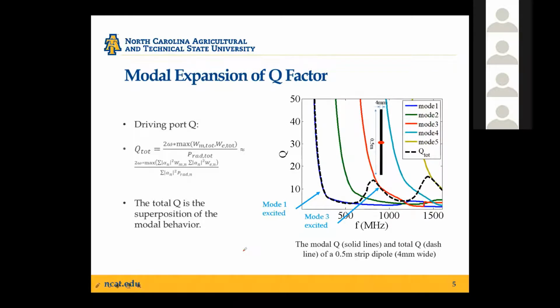Each solid curve shown here is the Q factor of each individual mode on this dipole antenna, and the dashed black curve is the total Q factor, which I calculate based on the expansion of the modal parameters, like the stored energy and the radiated power from each individual mode.